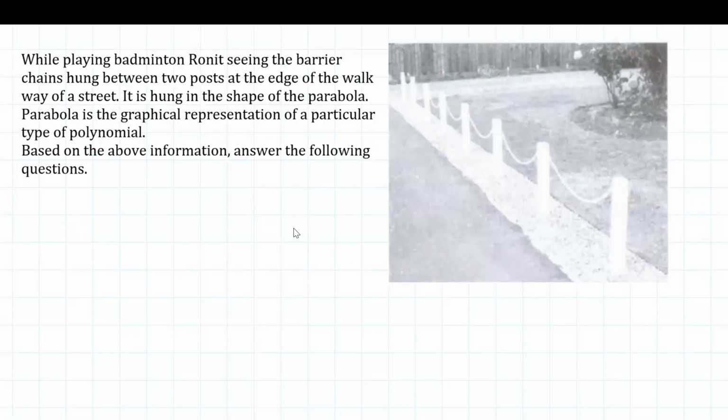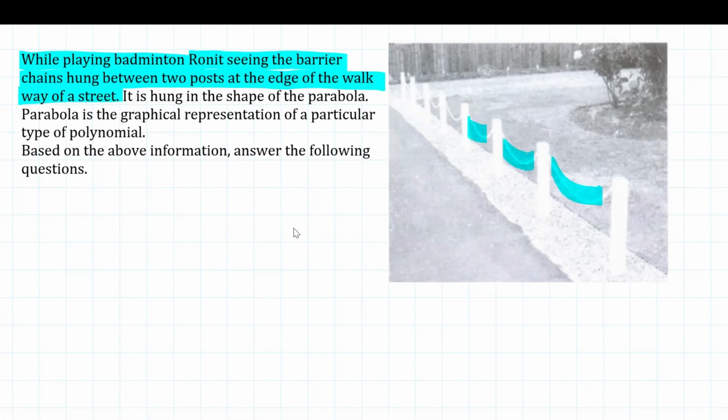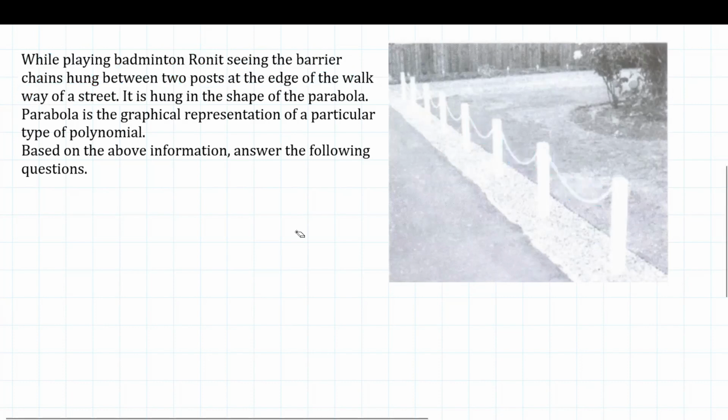The next case study from the chapter polynomial, it says while playing badminton, Ronit sees the barrier chains hung between two poles at the edge of the walkway of the street. Well, these are the chains. As you can see, these are the chains which are hung in the shape of a parabola. Yeah, that's what it says, in the shape of a parabola.